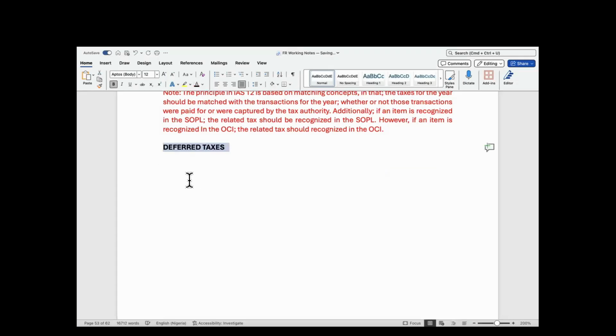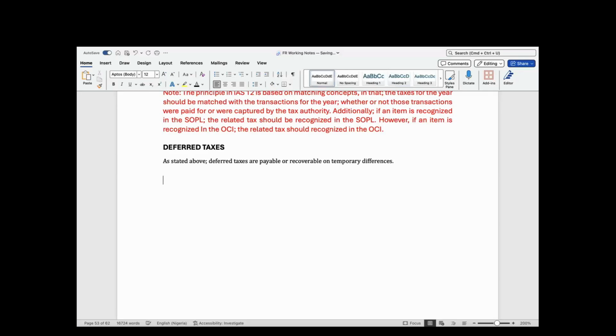So now, I've already explained to you what deferred taxes are. I stated above that deferred taxes are payable or recoverable on temporary differences.